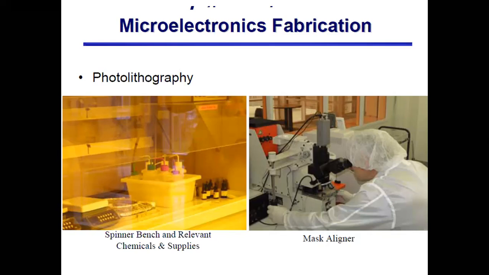However, in the contact technique, where the mask and the substrate are in contact, we get very good feature resolution, because if there is a gap, then light could pass and diffraction could occur. That reduces the resolution of the feature. So in the majority of cases, we use the contact technique, where the mask is in contact with the wafer.